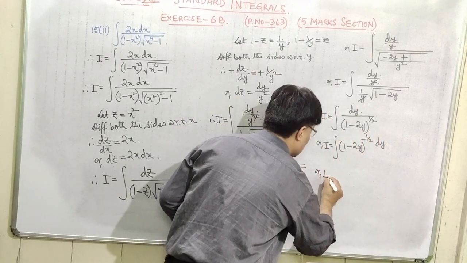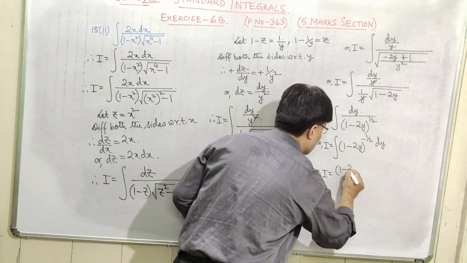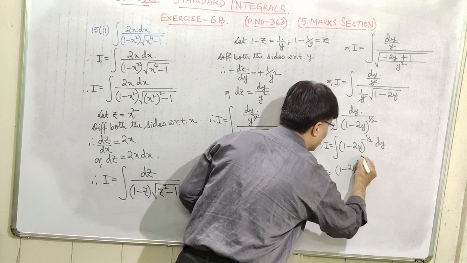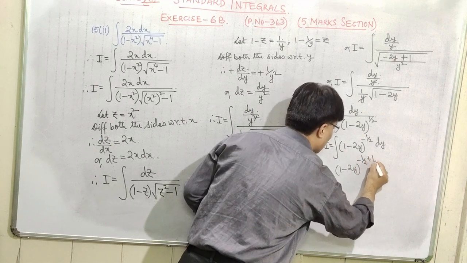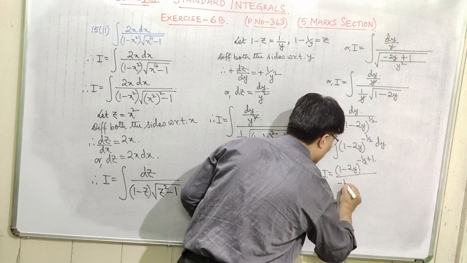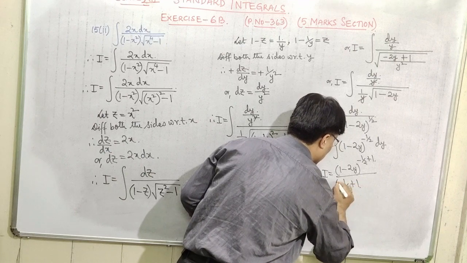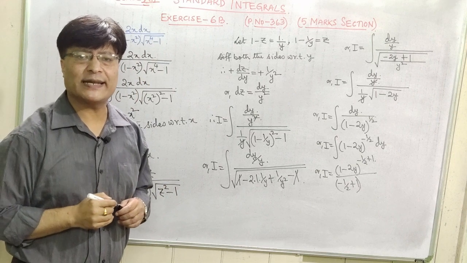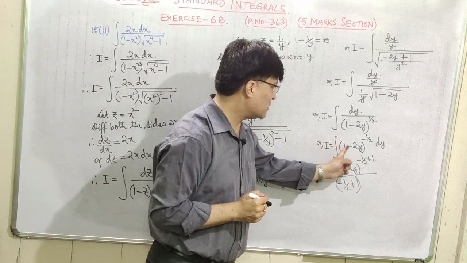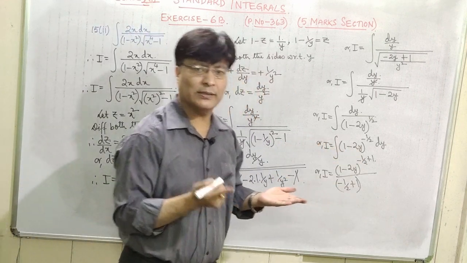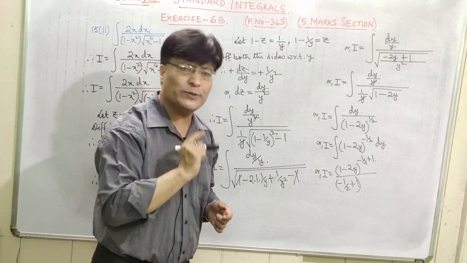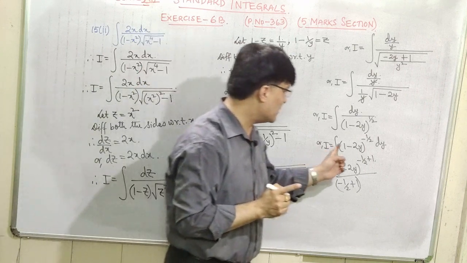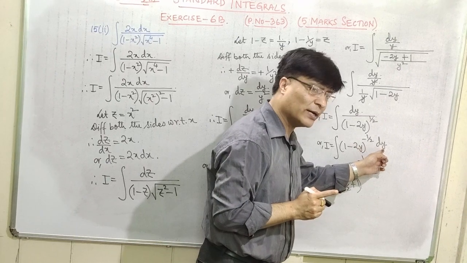So what is this integration? It is 1 minus 2y whole to the power n plus 1, minus half plus 1, divided by minus half plus 1. Right? Again, which function was taken as y? 1 minus 2y was taken as y. That function is also to be differentiated. What is the differentiation of 1 minus 2y with respect to y?